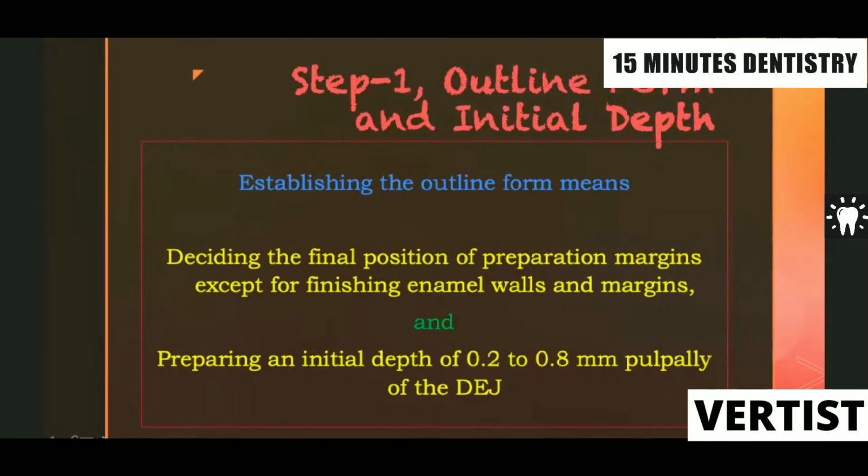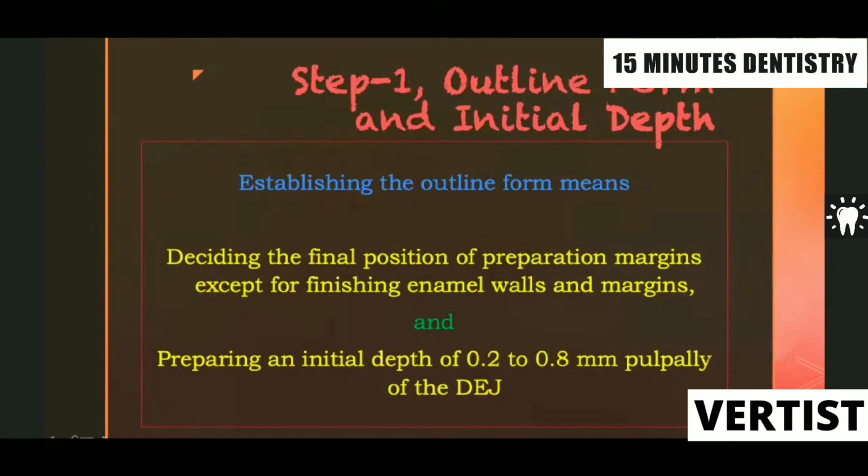The initial depth should be 0.2 to 0.8 millimeters below the dentinoenamel junction. Remember, all cavity preparations have to be below the DE junction, at about 0.25 to 0.5 millimeters below, in sound dentine, never in enamel.